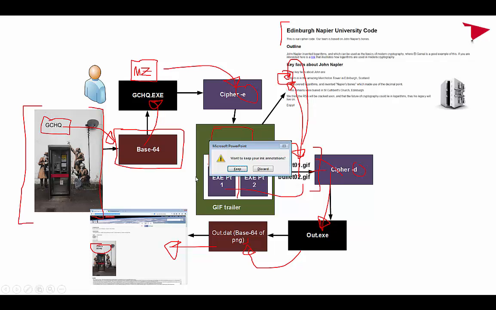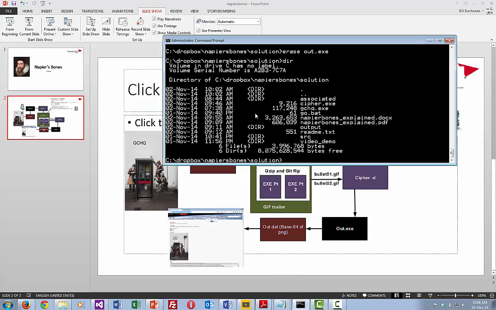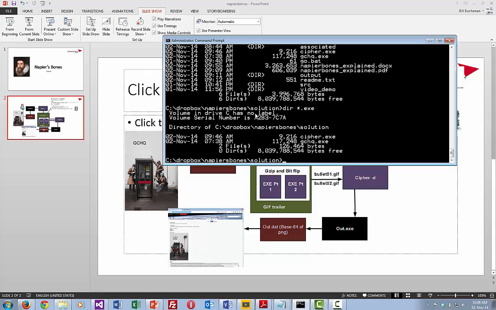What I'll do is show you a run first, and then I'll show you the source code. So here we are, there's the solution. We've got two main exes, Cipher and gchq.exe. Let's run GCHQ.